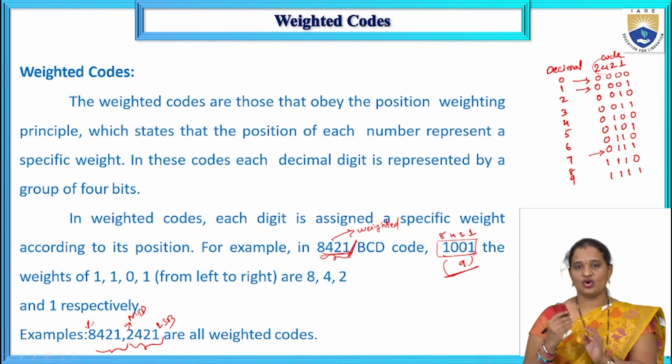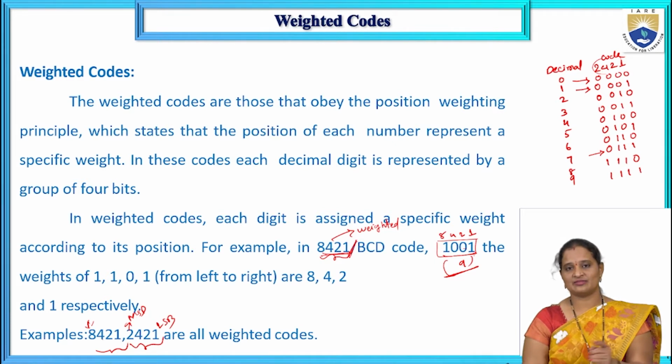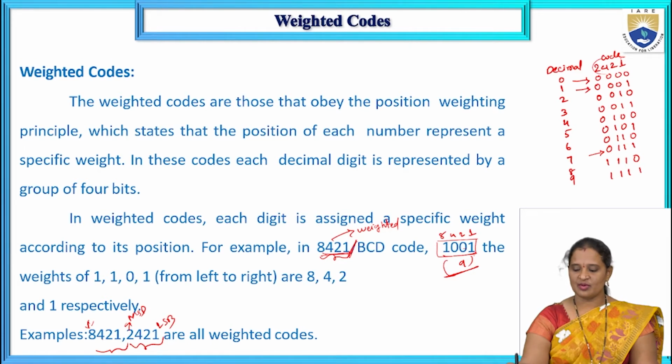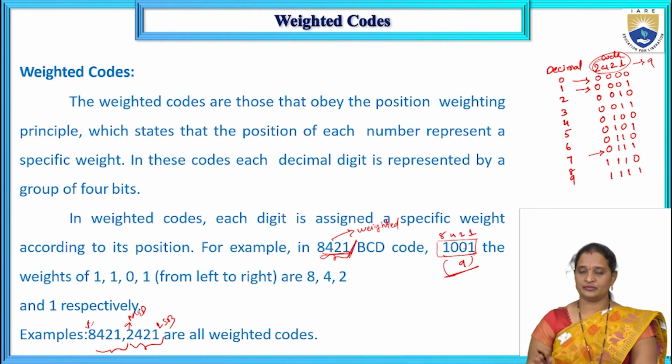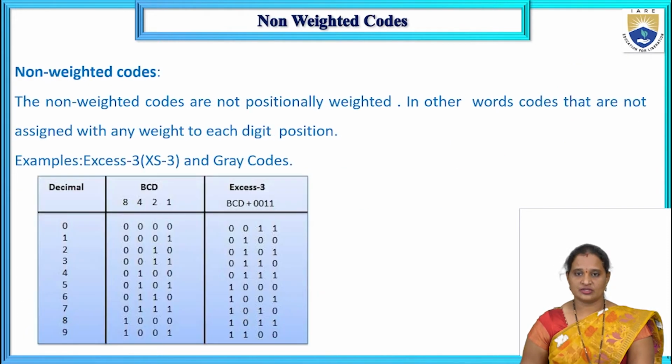So like that, depending on the positional weights, we can write the codes for any decimal number from 0 to 9 or 0 to 15. But here the maximum decimal value that we can represent using the 2421 code is 9. Okay. So that is how, depending on the positional weights, we can derive the weighted codes.